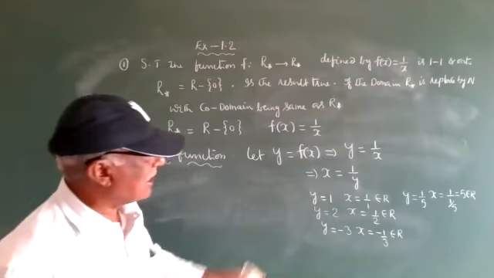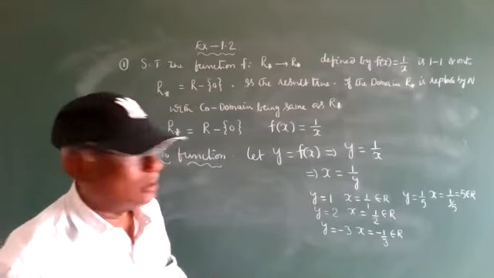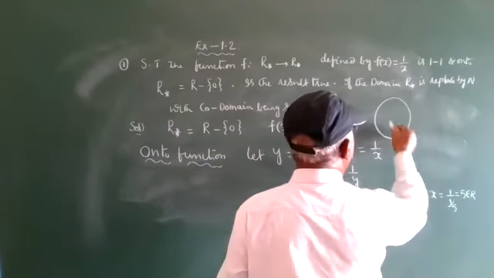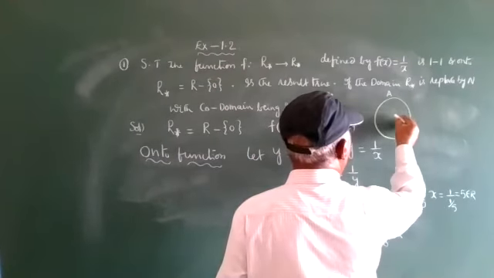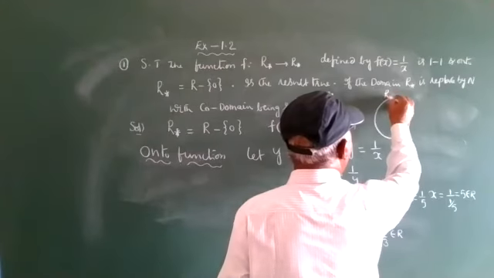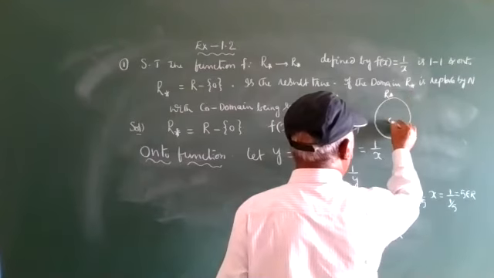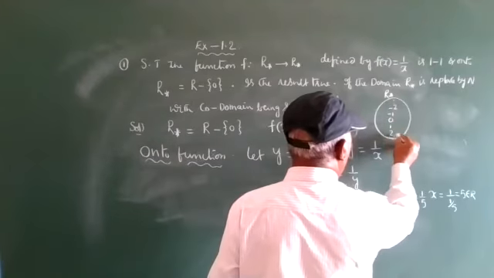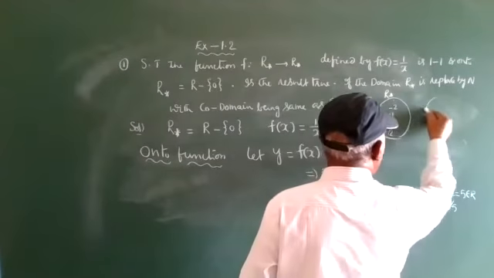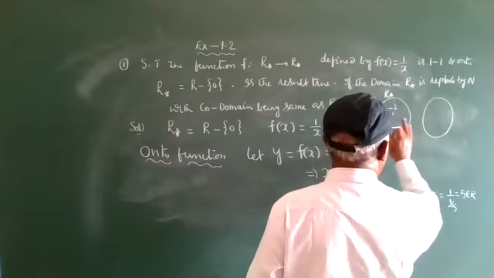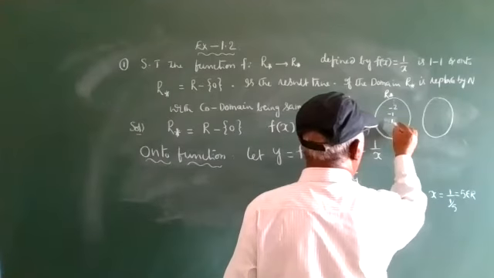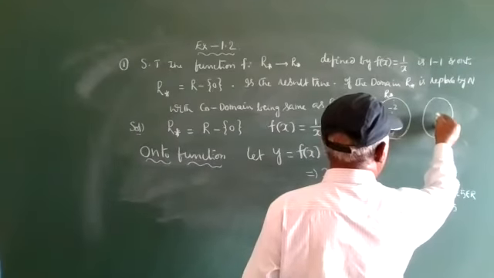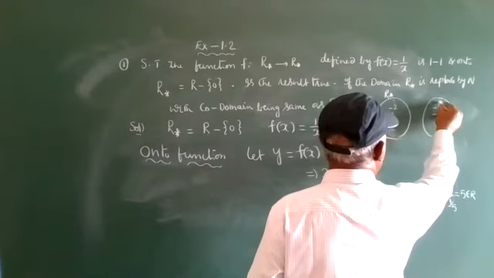How can you represent it, sir? After writing this, you should represent it. So this is the figure. A set is all the real numbers. The domain is R star. So without 0, 1, 2 should be written down here, and also minus 1, minus 2.